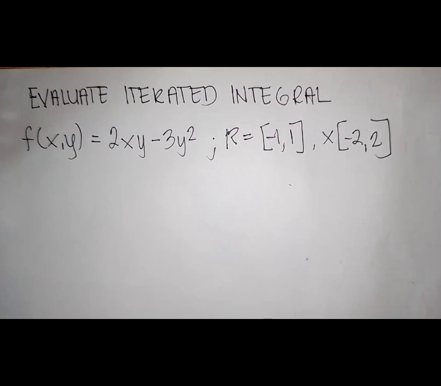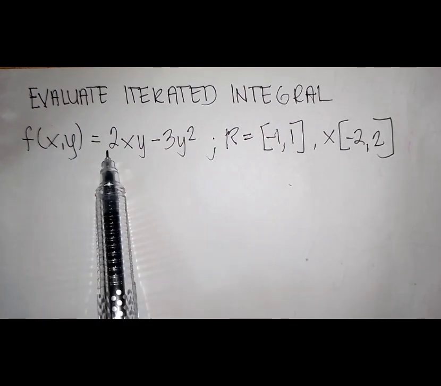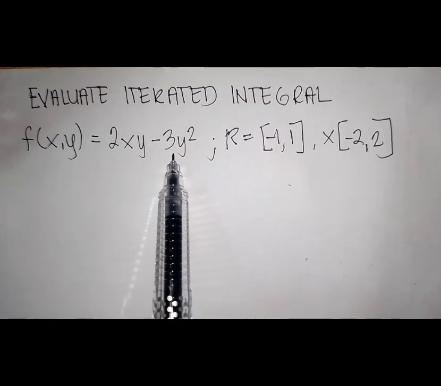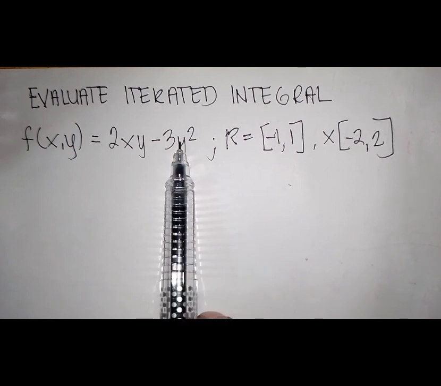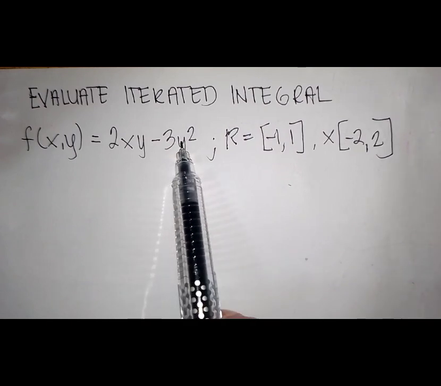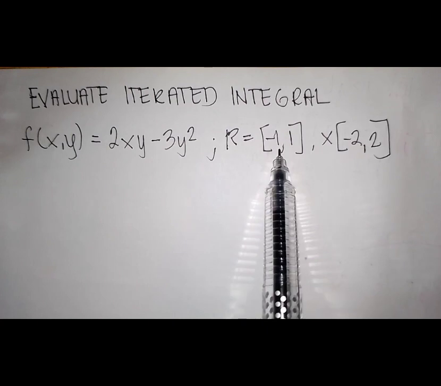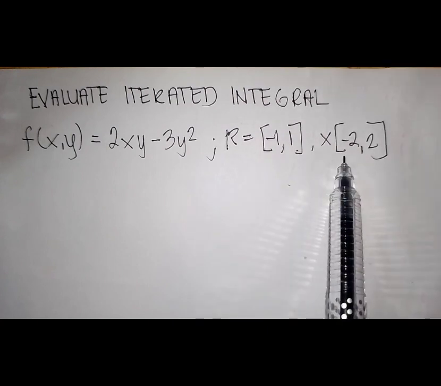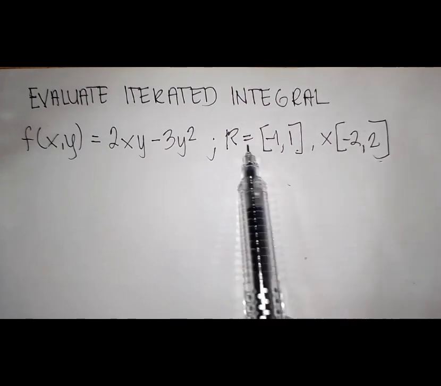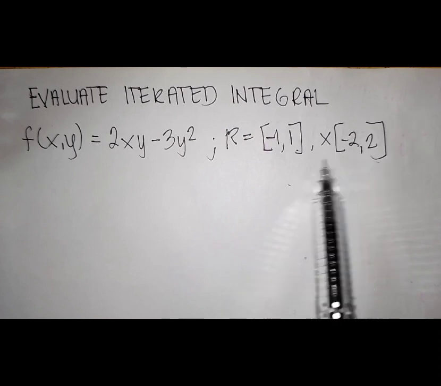So we will evaluate an iterated integral over a rectangular region with the function f of x, y equals 2xy minus 3y squared, and we need to find the iterated integral over the region [-1, 1] by [-2, 2]. These coordinates define a rectangular region.